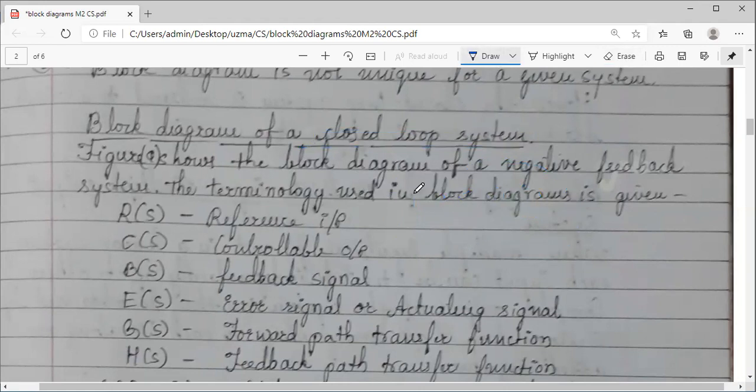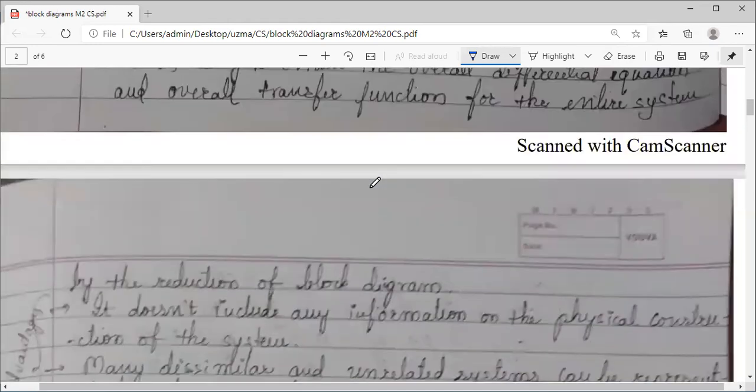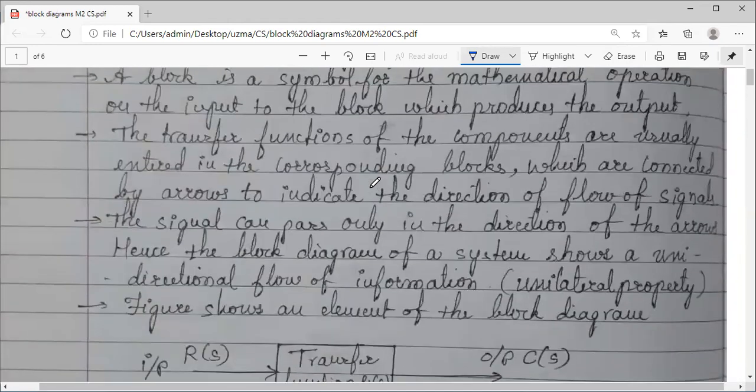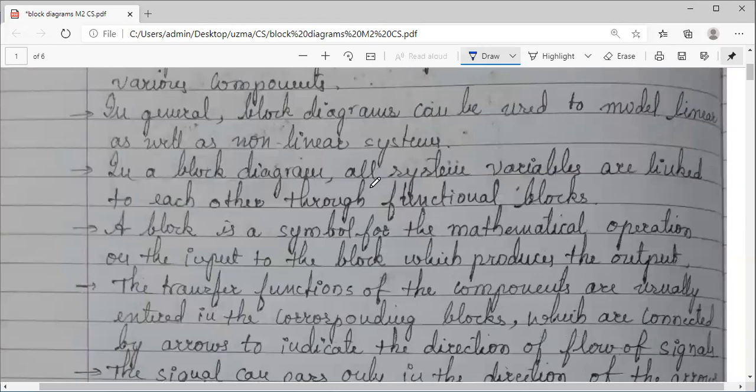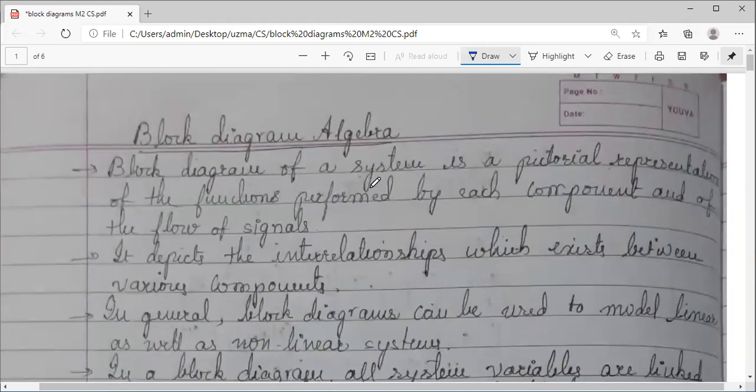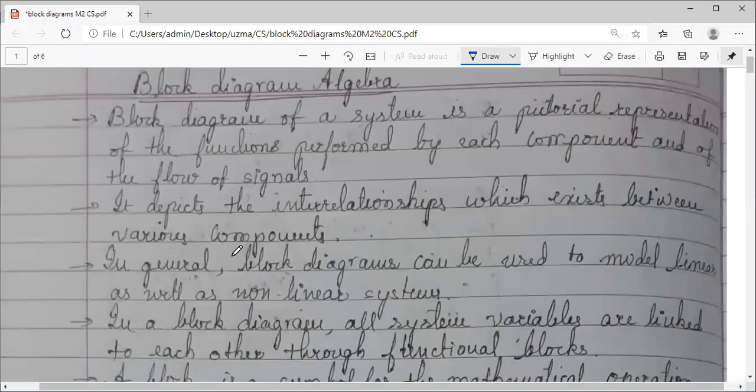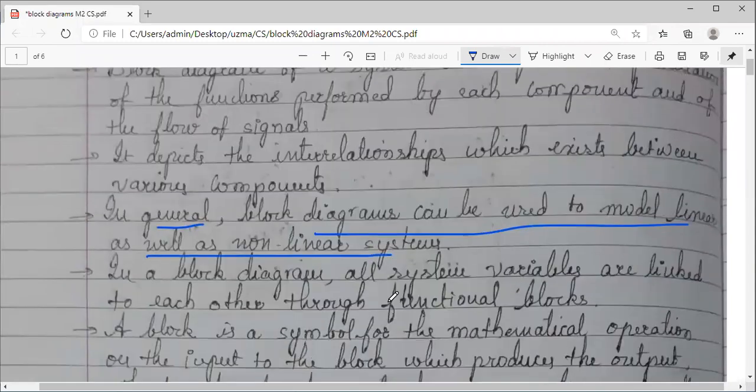First, let me start with the block diagram. We have already taken some introductory session on this. What is a block diagram? It is a pictorial representation of the functions performed by each component and of the flow of the signals. In general, a block diagram is used to model linear as well as non-linear systems.